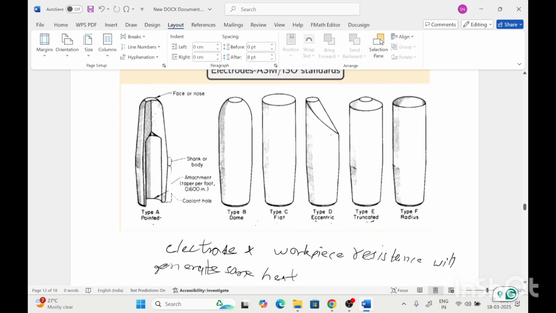The truncated and pointed tips are used to increase the shelf life of the electrodes. If we use radius or flat type electrodes, the shelf life of those electrodes will be less.